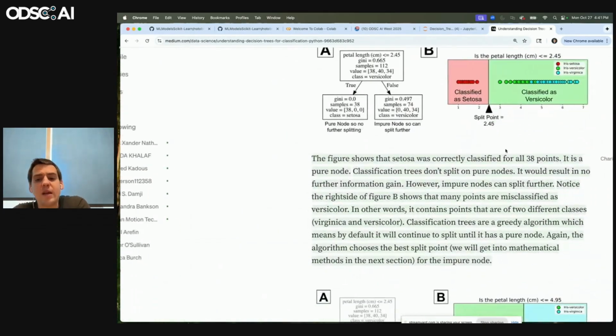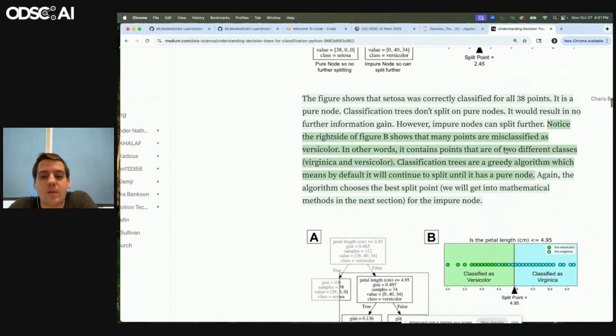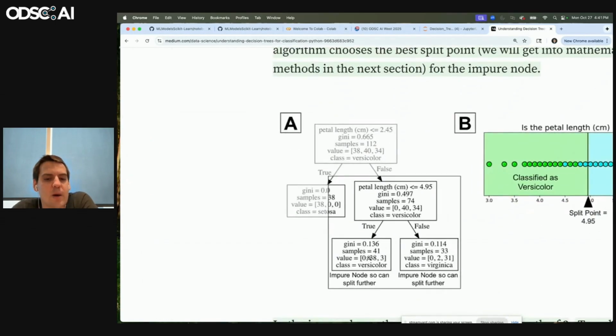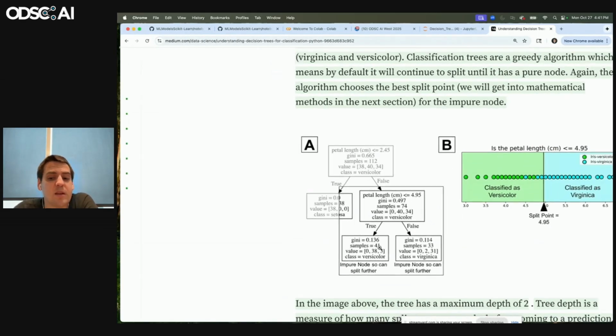In theory, I can ask another question: is the petal length less than or equal to 4.95? I did a pretty good job. I have 38 examples that are versicolor and 3 that are virginica in this diagram. And what you notice is that I still have a little bit of Gini. In theory, if I get Gini towards 0 for each of these columns, that'd be a good thing.